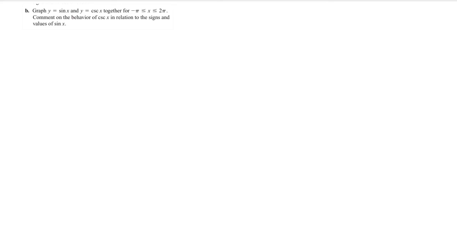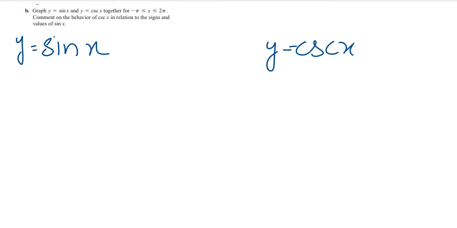Okay, let's discuss another example exactly like the previous one. So over here we again need to draw the sin x and the cosecant x graphs, and then we'll merge them accordingly. So again we have to check the whole graph from negative pi to positive 2 pi and the relation between these two graphs.